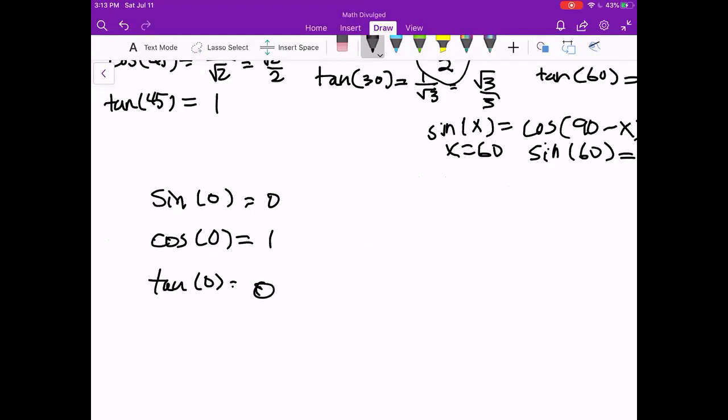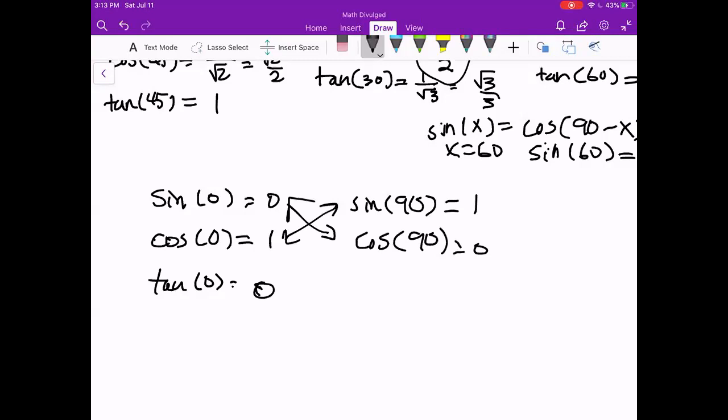Now talking about 90 degrees, we have sine of 90 equal to 1. Cosine of 90 is equal to 0. Again, know how these values are the same. And finally, we have tangent of 90, which is 1 over 0, which is undefined.